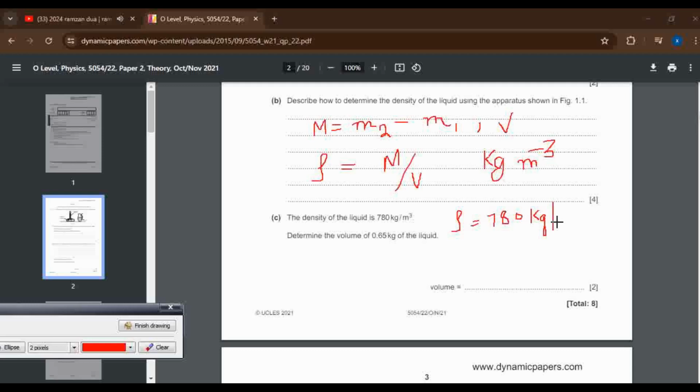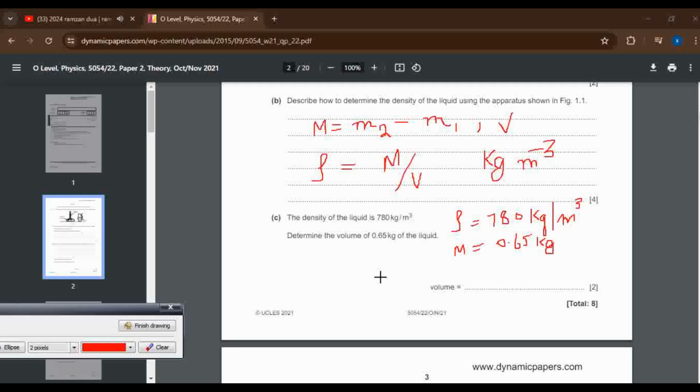Next, determine the volume. The mass is given as 0.65 kilogram. So we have to find the volume.